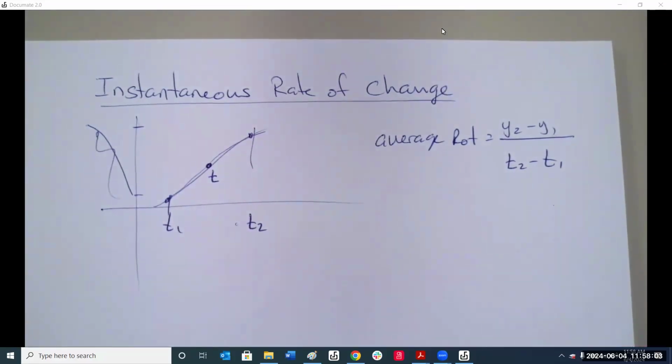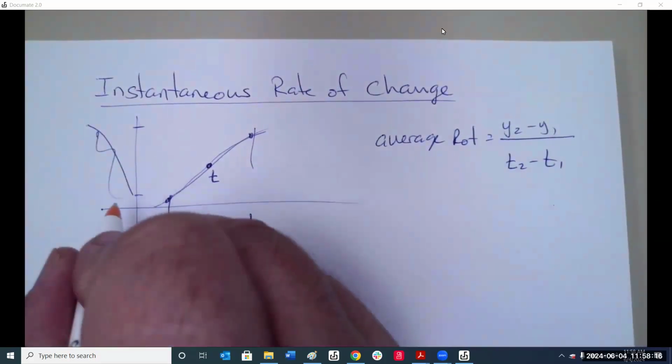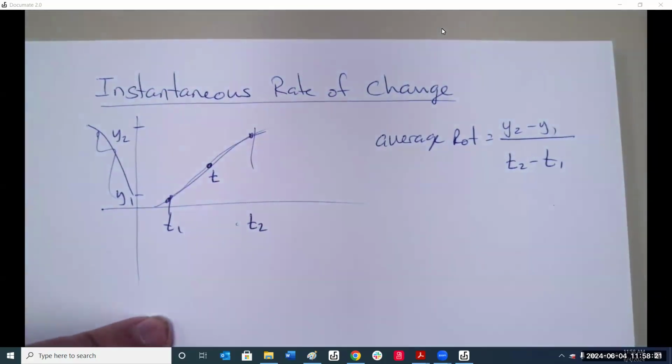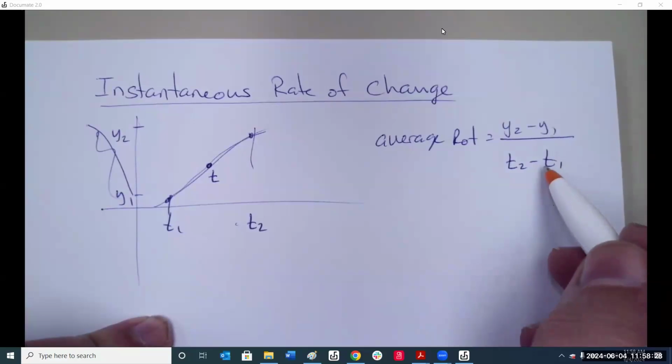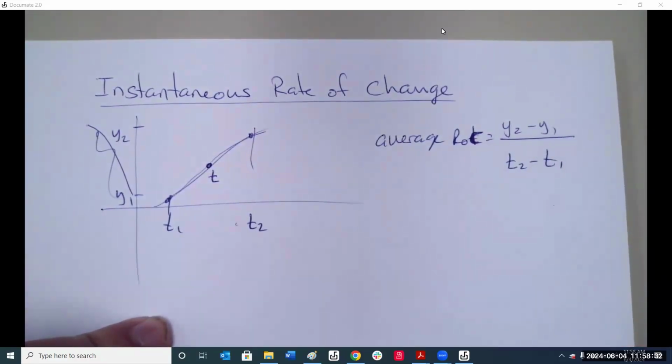What is the difference quotient? And how's that going to work? Remember, average rate of change looks at y1 to y2 between t1 and t2. That's the average rate of change. We want to know instantaneous.